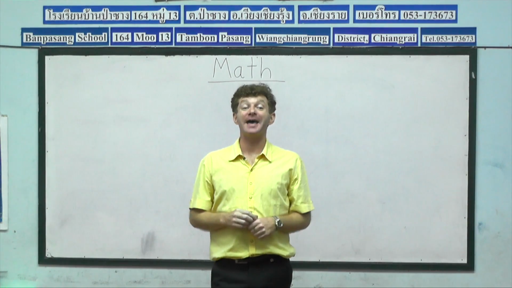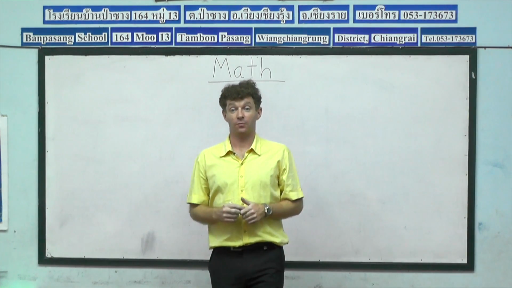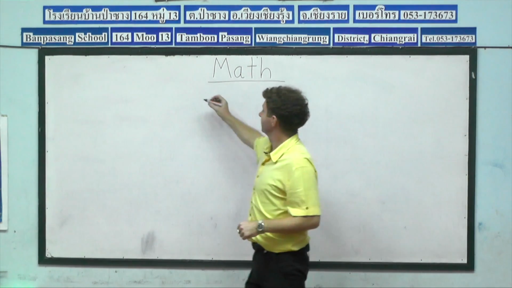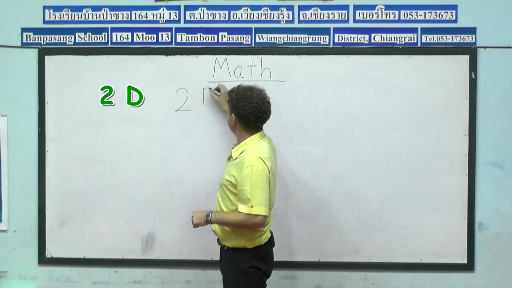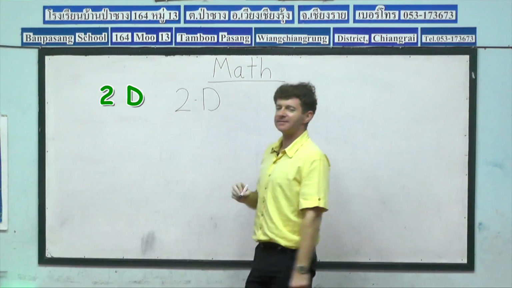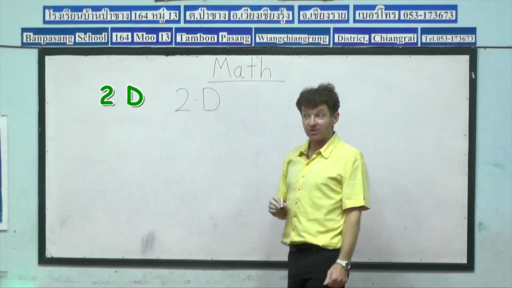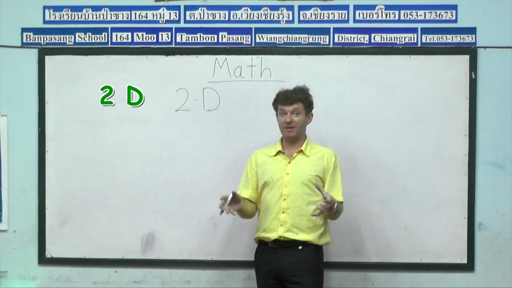So who can tell me what we've been learning about in math class recently? What's that? 2D shapes. Excellent. So I'll write that on the board. 2D. What does D stand for in 2D? Dimensional. Yes, dimension is the same as characteristic.